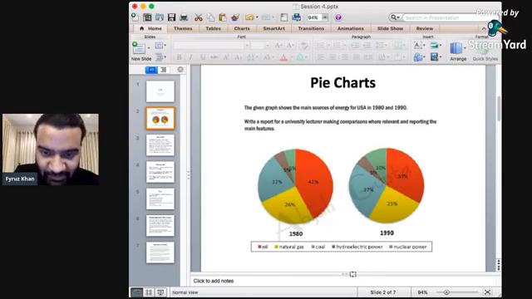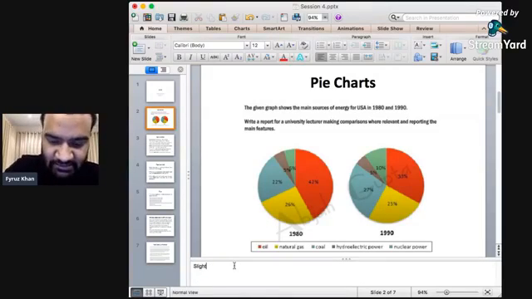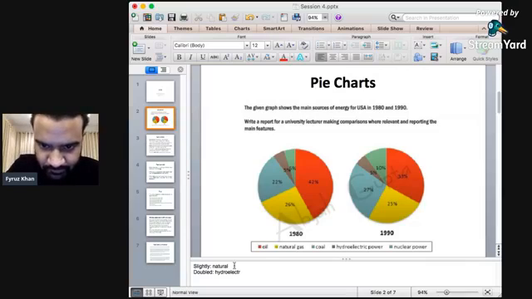Let me write it down here, it's going to be easier. So you can use the term slightly for natural gas. You can use the term doubled for hydroelectricity. Sorry, green is nuclear power. So green is nuclear power.